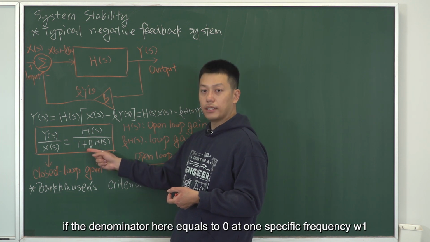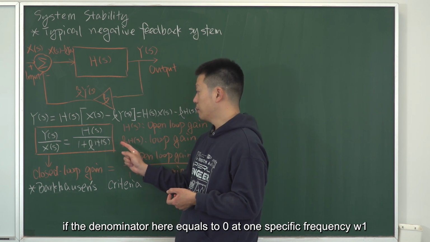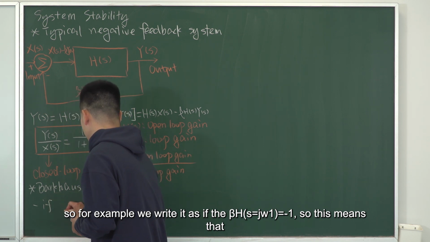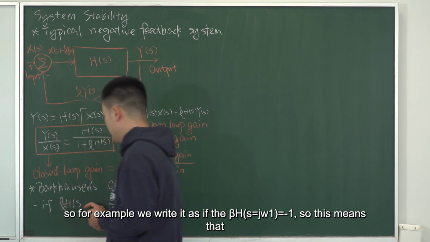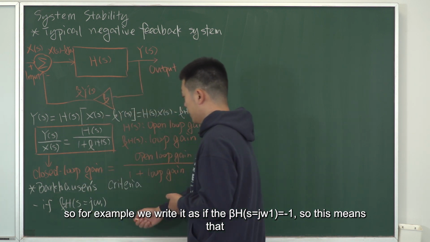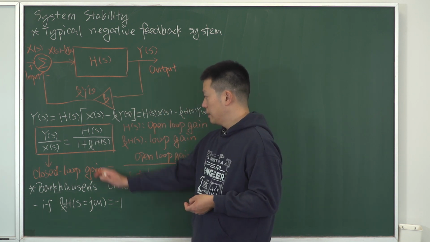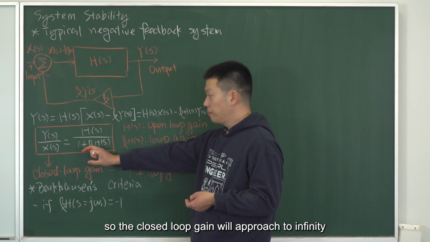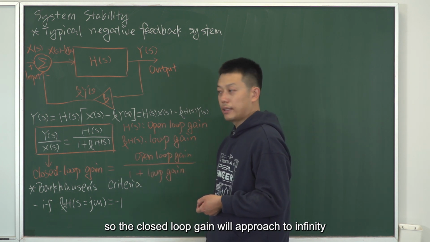If the denominator equals 0 at one specific frequency, omega 1, for example, if beta H(s) at s equals j omega 1 equals minus 1, this means that the denominator of the closed loop gain equals 0. So the closed loop gain will approach infinity.